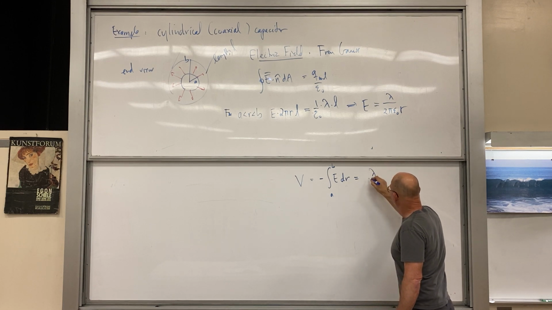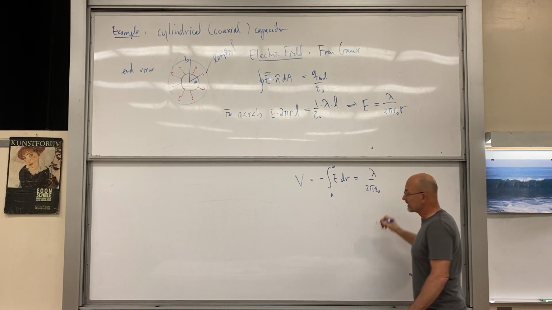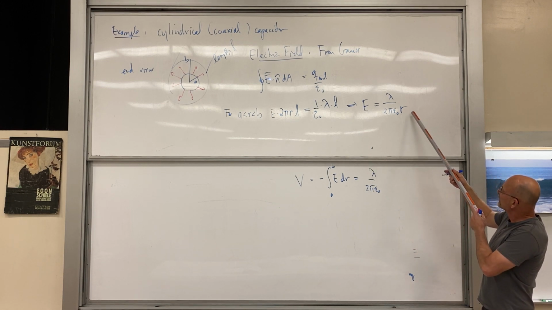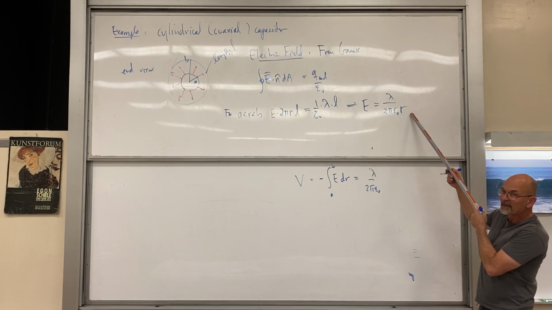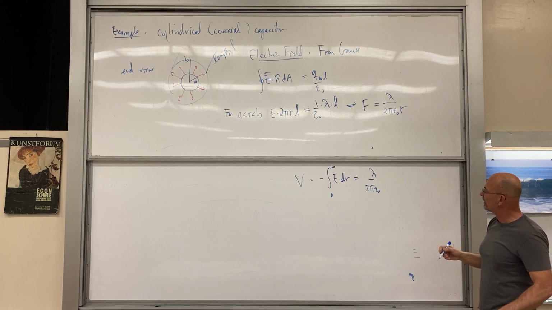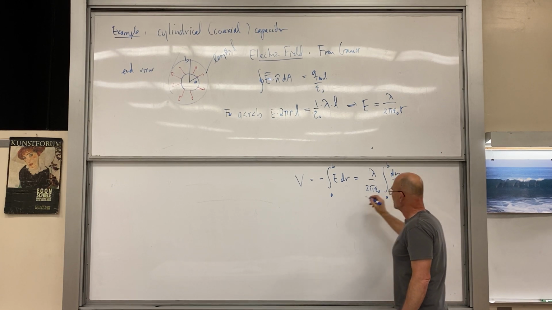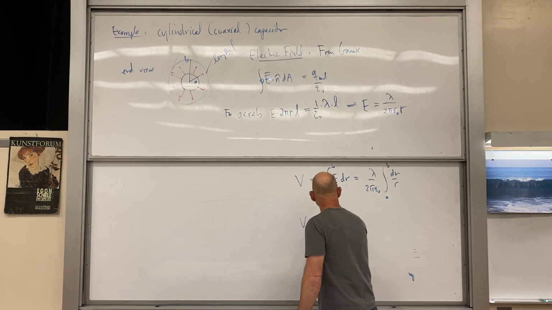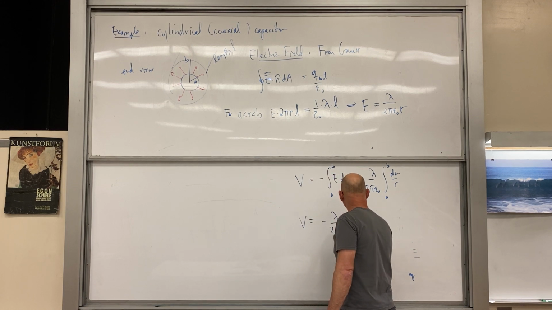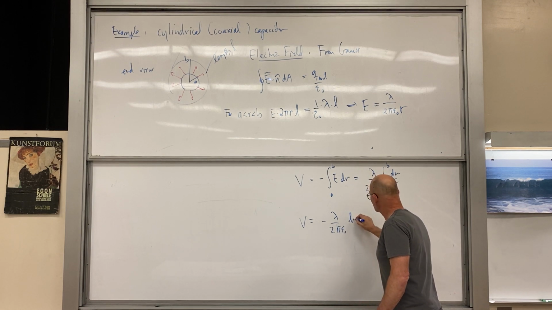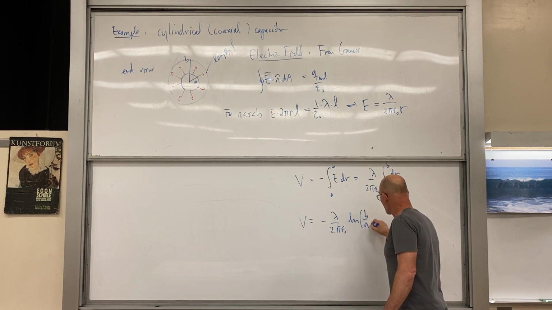We'll have lambda over 2 pi epsilon naught, and then the integral of dr over r, that's the natural logarithm. Let's write it out: a to b dr over r. We have minus lambda over 2 pi epsilon naught natural log of b divided by a.